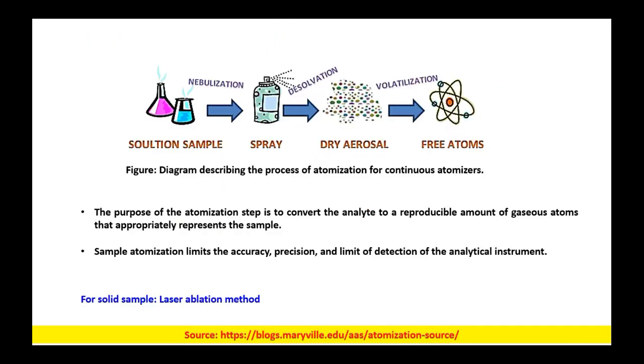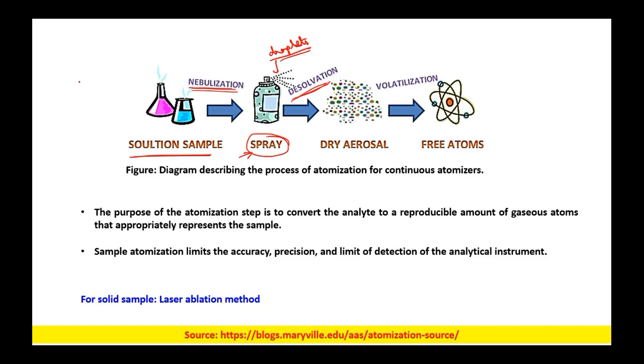Now the different steps in continuous atomization. So you have the sample solution. Now this sample solution is being nebulized. Okay, and during this nebulization you get some droplets. Now after this droplet, you have the desolvation process.